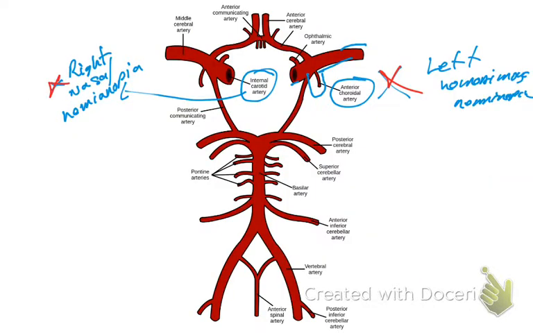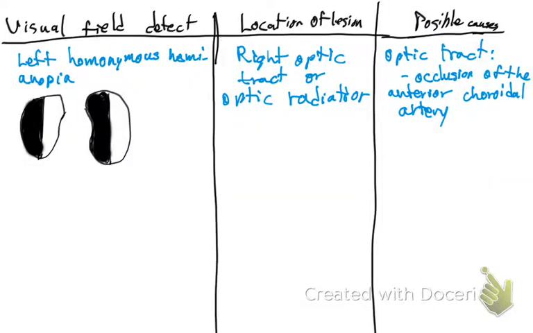So let's continue with the visual field defect. The last one that we saw was the left homonymous hemianopia, but we mentioned that there are two possible causes, and we saw already the optic tract. The other cause is going to be the optic radiation.